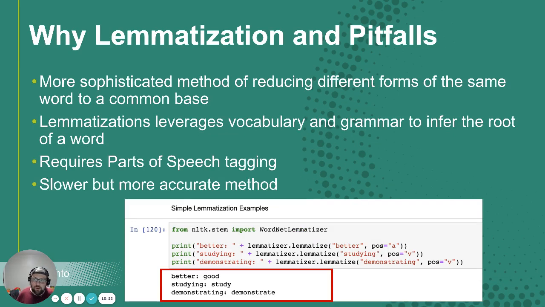There's also this other, more advanced process called lemmatization, but it also has its pitfalls. It's a more sophisticated method of reducing different forms of the same word to a common base. It leverages a predefined vocabulary and grammar to infer the root of a word. To do that, we need to identify the parts of speech of each word in a sentence, which makes it much slower, but a more accurate method of reducing it to a base word.